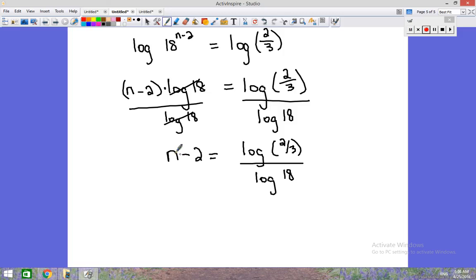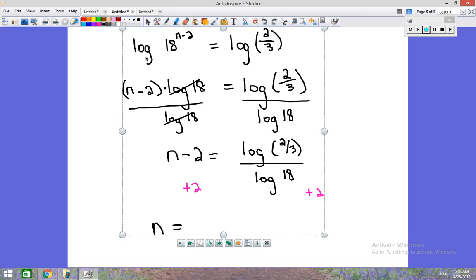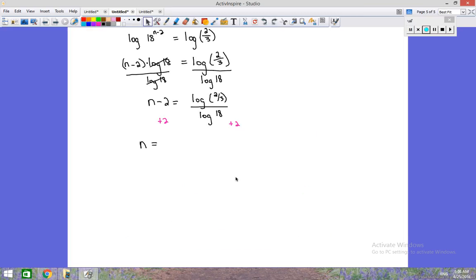Alright, these two terms, we want n by itself. The inverse of subtraction is addition. And if we add 2 to each side, we'll have our final answer that we want to punch in the calculator and get an approximation for. Adding 2 on the left hand side, these cancel each other out.